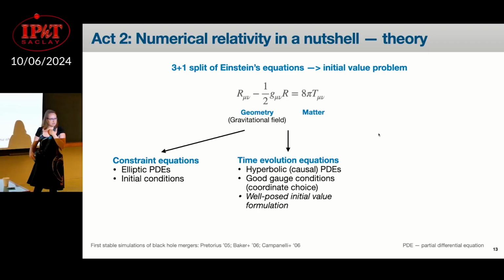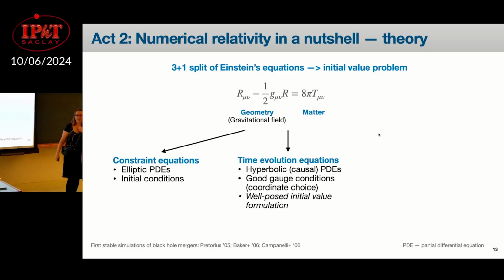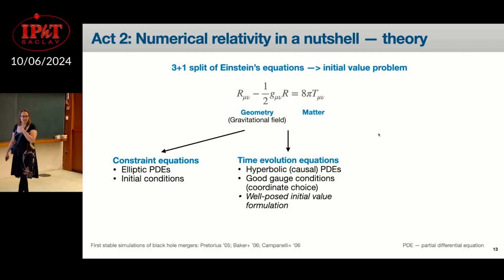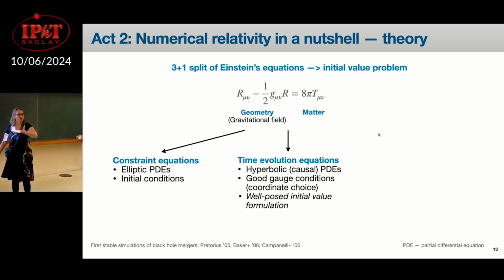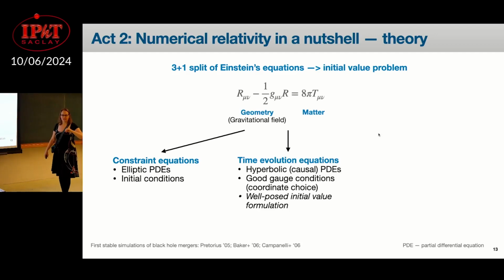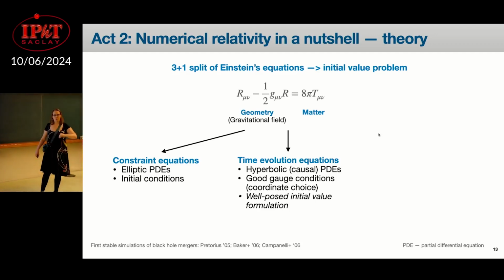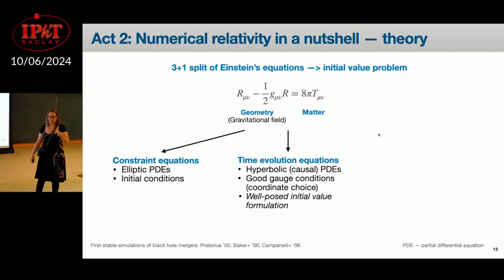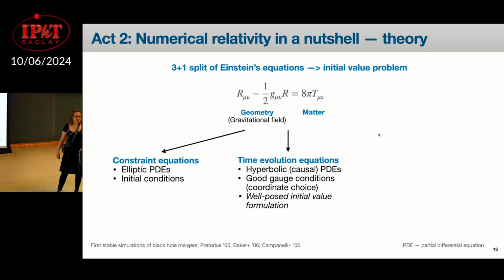Well, why do I care about this as a numerical relativist? That is a very mathematical statement. But in every numerical relativity simulation, I have numerical noise, small perturbations. So I better make sure that this numerical noise doesn't grow faster than, say, exponentially, because otherwise my numerical simulation becomes unstable, not because of the physics, but because of the mathematical formulation.